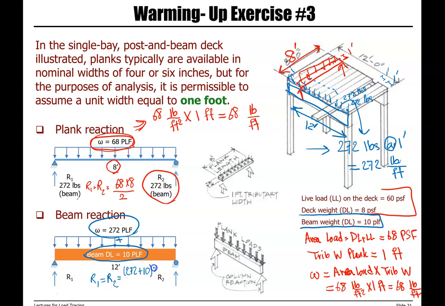So this times 12 divided by 2, which gives you 1,692 pounds. And that's our column reaction.